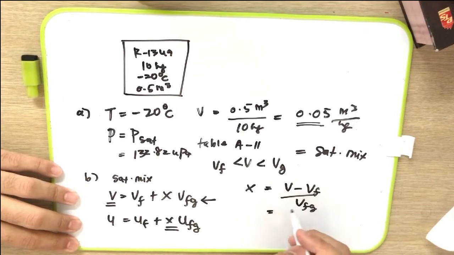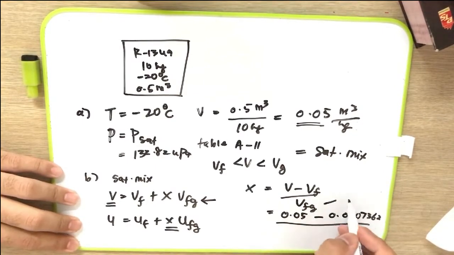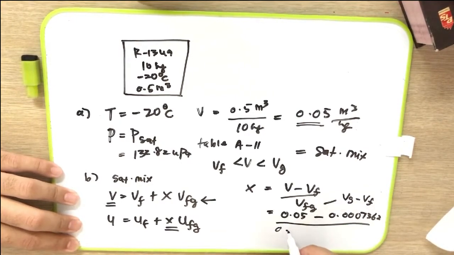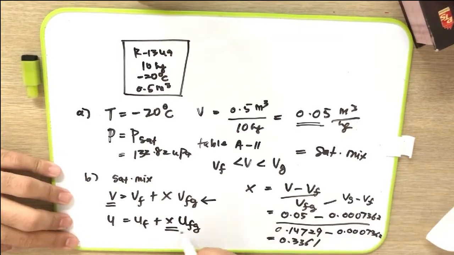So X is equal to V 0.05 minus Vf, 0.0007362, over Vfg, which is Vg minus Vf: 0.1214729 minus 0.0007362. So we will get X is 0.3361. So by using this X, we can substitute in here.